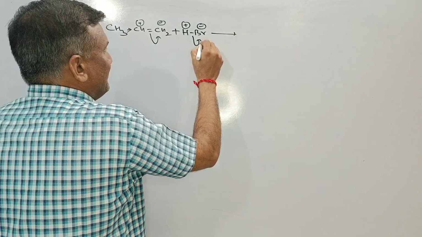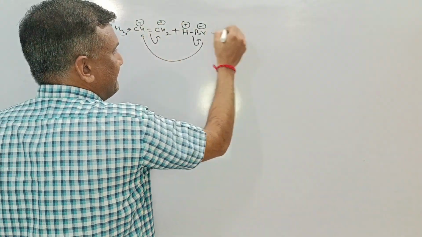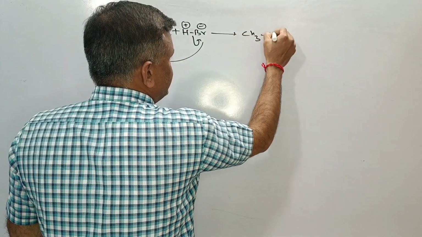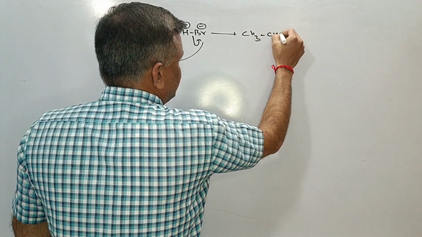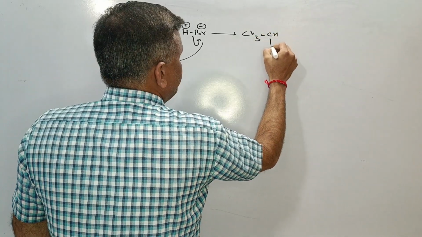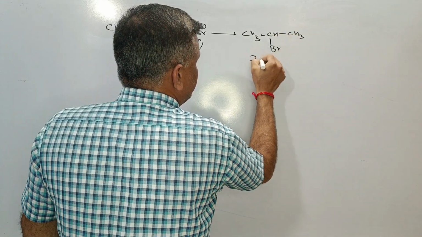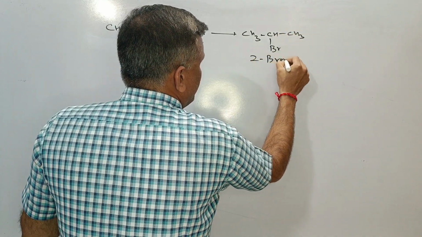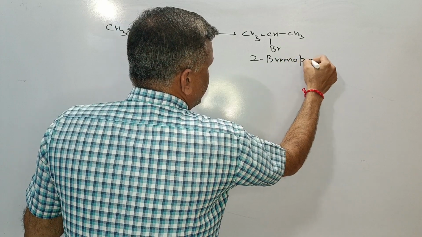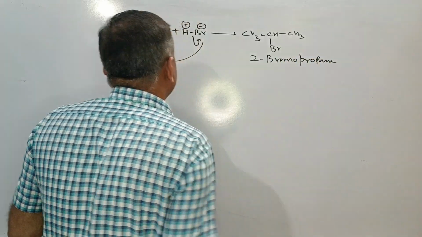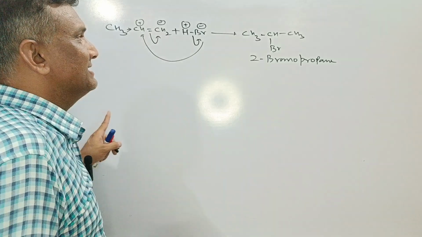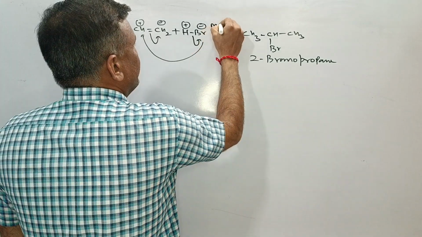So Br will attack over here, and here will be the formation of CH3CHBrCH3, 2-bromopropane, regarding the asymmetrical alkene when Markovnikov rule is used.